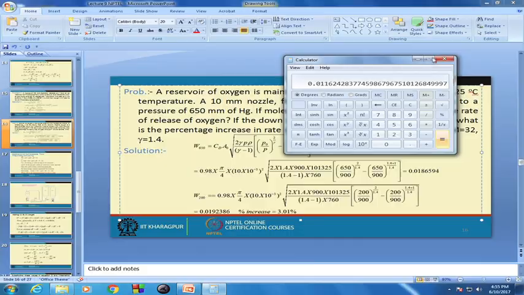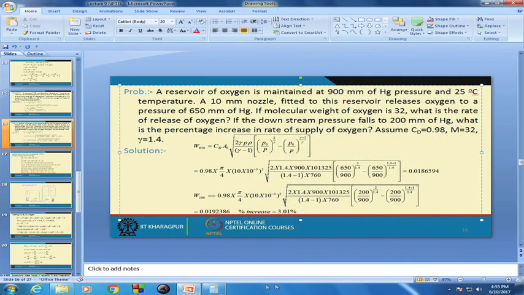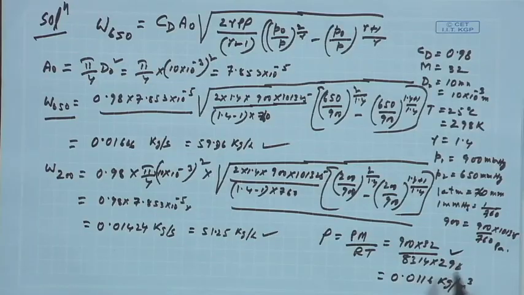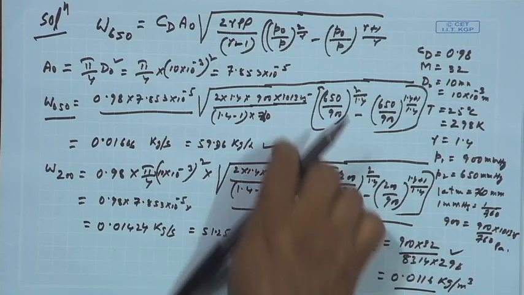So that should have been there, which here also it is missing, that value of rho, right, because this is 2 gamma p rho. So value of rho should have been there, and that we can find out from rho is equals to Pm by RT, so much 0.0116 kg per meter cube.